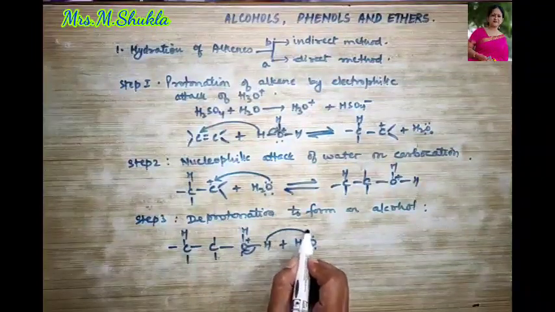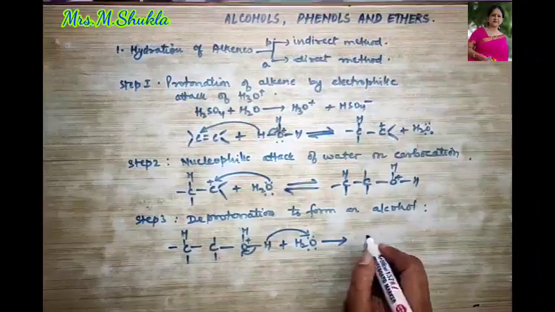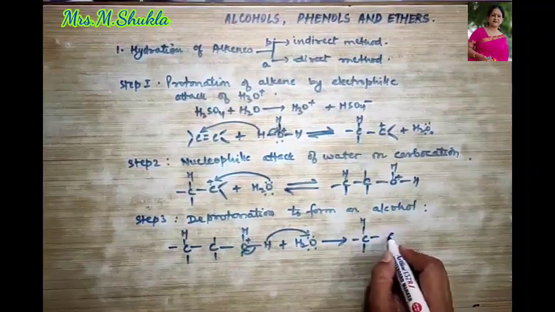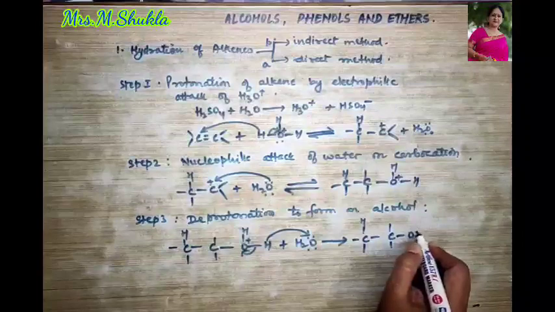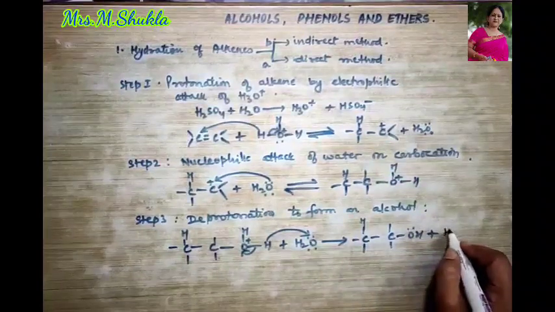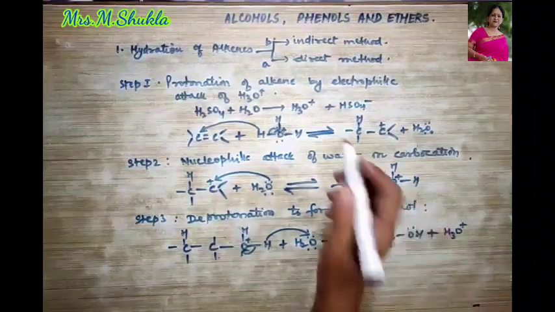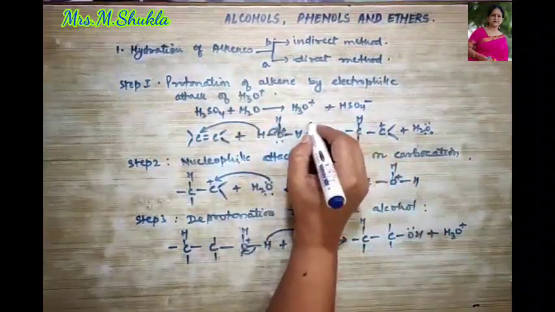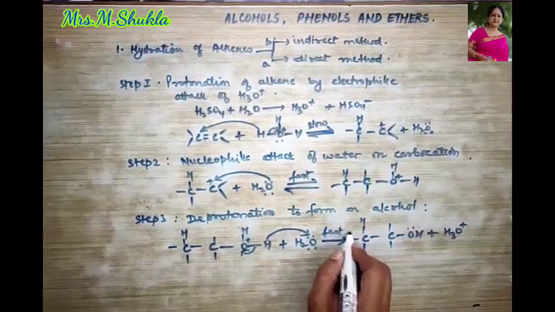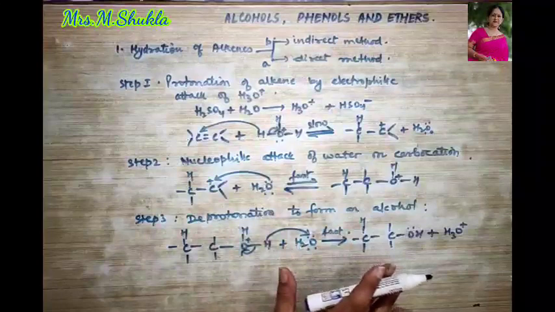It will be attracted by this lone pair over here. Thus, what does it form? An alcohol. Since this hydrogen moves this side, it will again form the positive hydronium ion. Now, this first step is your slow step, and the other two are fast steps. Clear? So this was the mechanism of the acid catalyzed hydration.